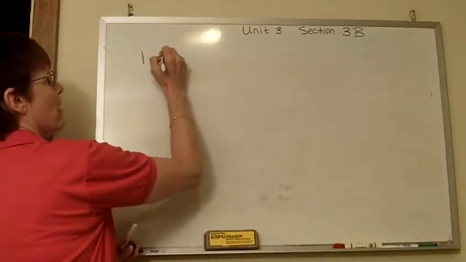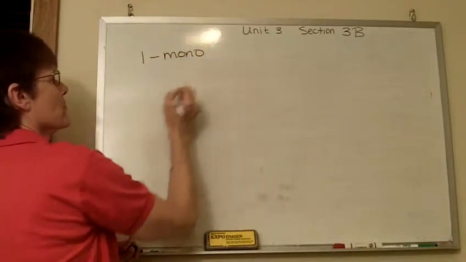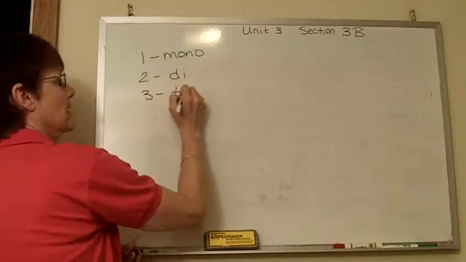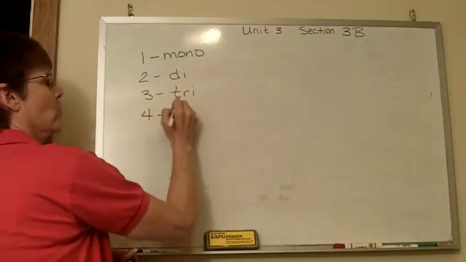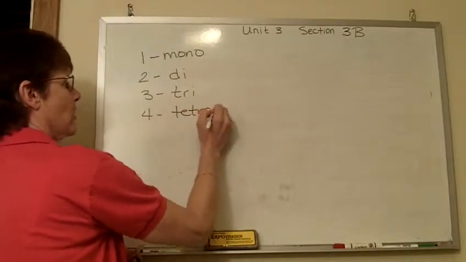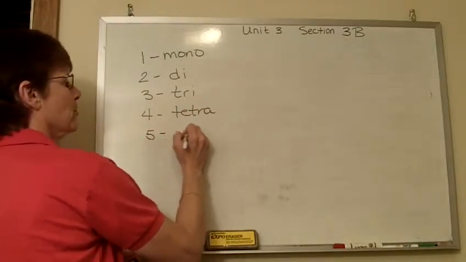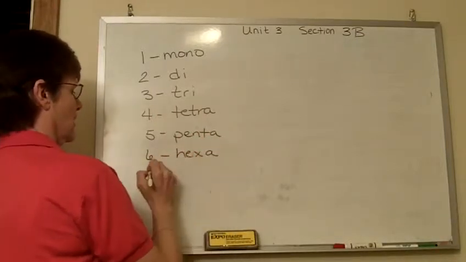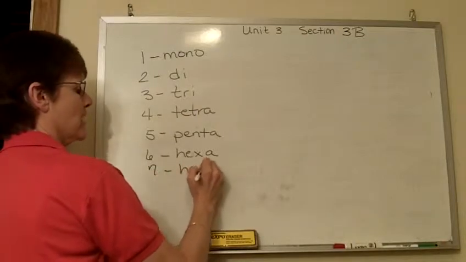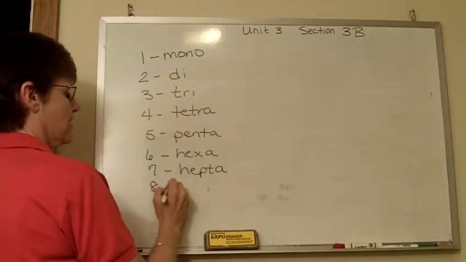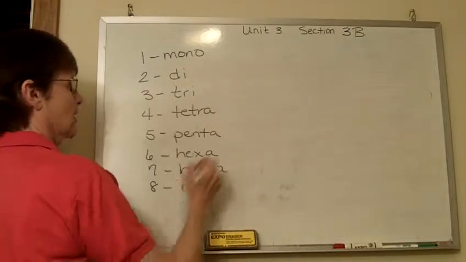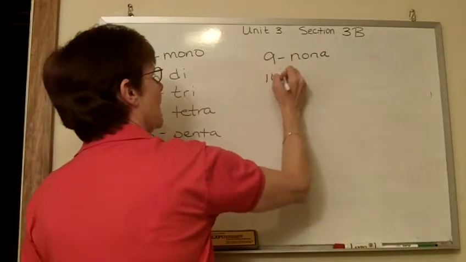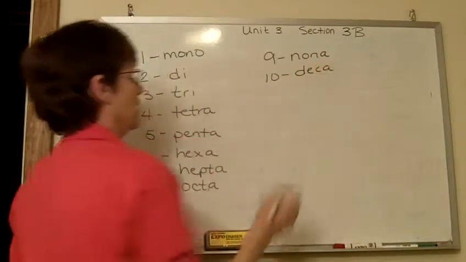So the prefix for 1 is mono, 2 is di, for 3 it's tri, for 4 it's tetra, 5 is penta, 6 is hexa, 7 is hepta, 8 is octa, 9 is nona, and 10 is deca.